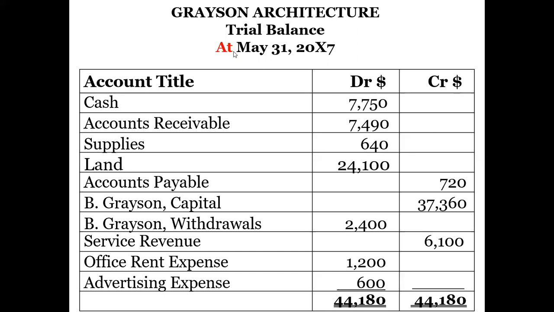So when you get the cash, you debit the cash account and credit the service revenue. When the people owe the business, we call it a receivable. So what we did at that time, we debited accounts receivable and credited the revenue.